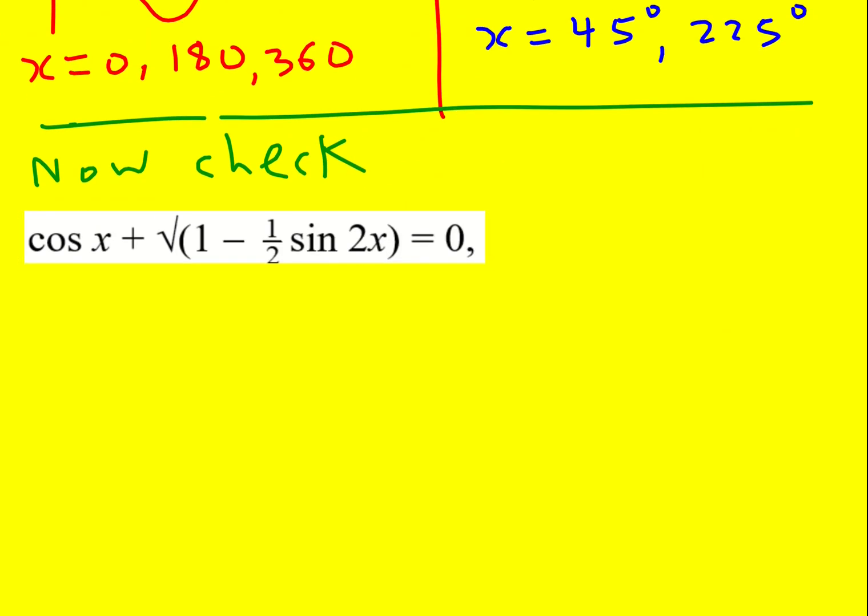Let's deal with the ones on the left to start with. So x equals 0. That will give us cos of 0, which is 1, plus the square root of 1 minus half sine of 0, and sine of 0 is just 0. There's no way this is going to equal 0 because I'm adding, it's going to be 2 in fact. So no, reject.